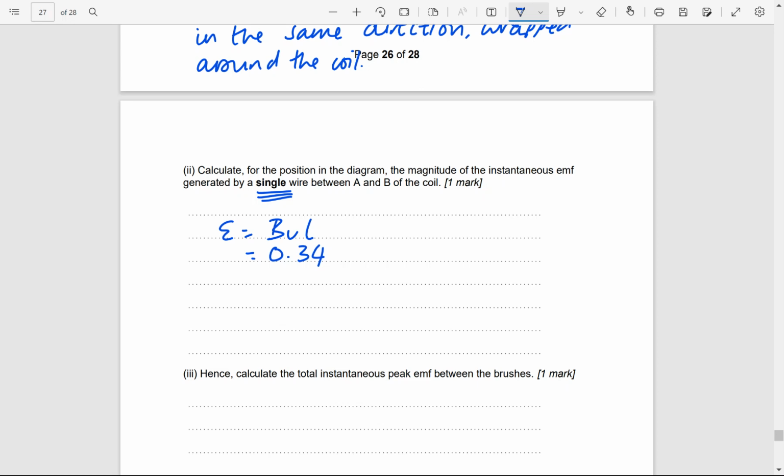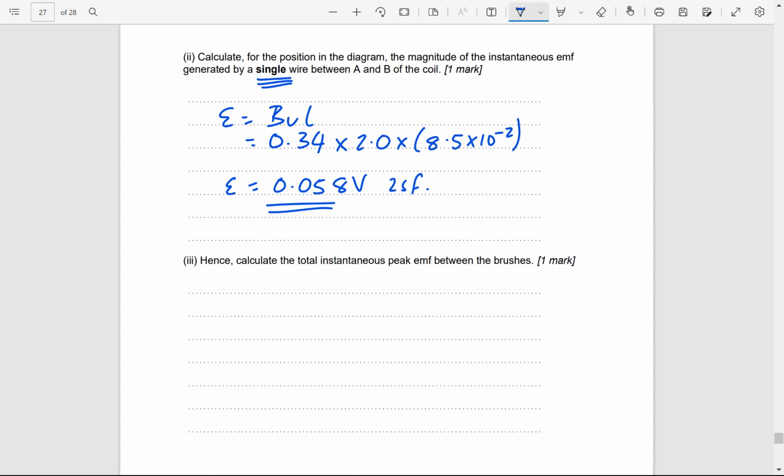We have a speed of the edge, AB, of 2 meters per second, and a length of 8.5 centimeters. Okay, centimeters, not meters. We don't want 80 wires, we want a single wire. So please don't multiply it by 80. It was even in bold. How kind was I? Okay, I'm going to say 2 sig figs for this one, I think is appropriate.